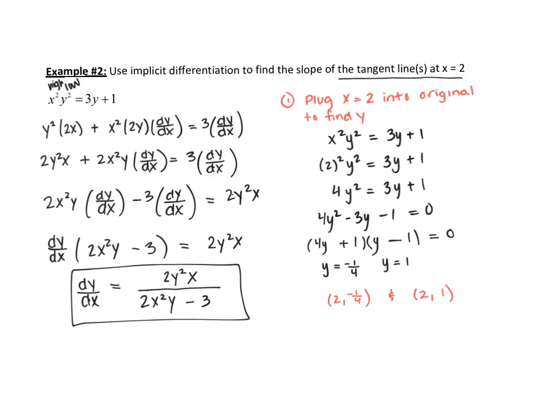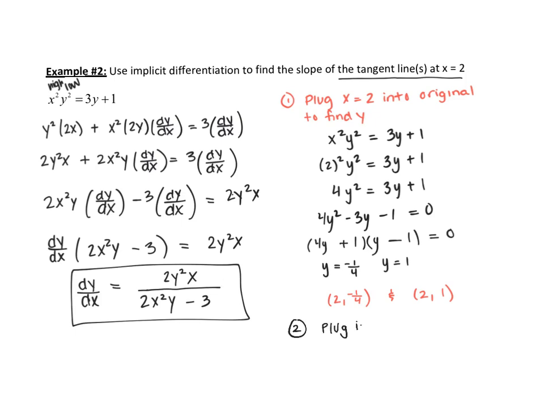So in this case, there actually would be two tangent lines that we could make at x equals 2. So let's find the slope of the tangent lines for both different lines, right? So we're going to do the same thing as before, but now we're going to find two slopes. So we're going to plug in these points to our derivative.